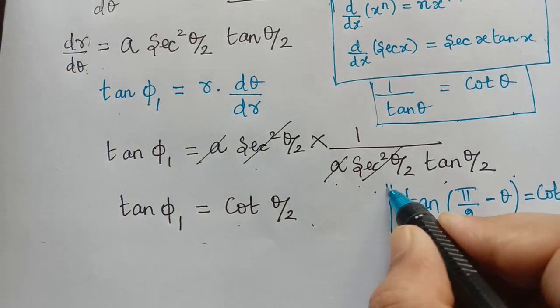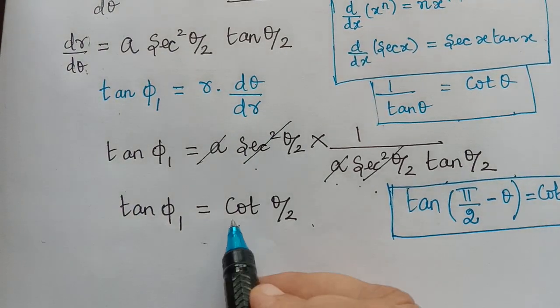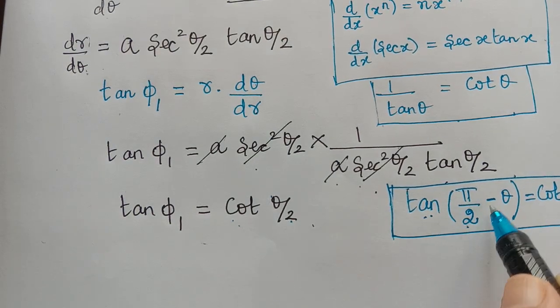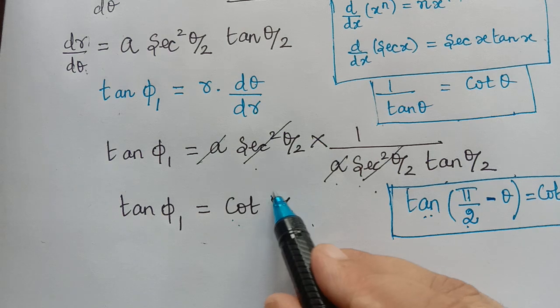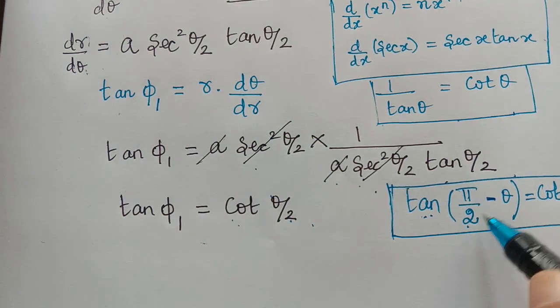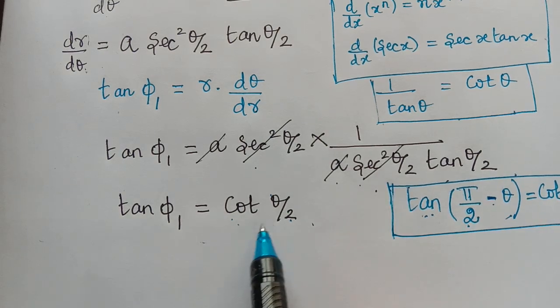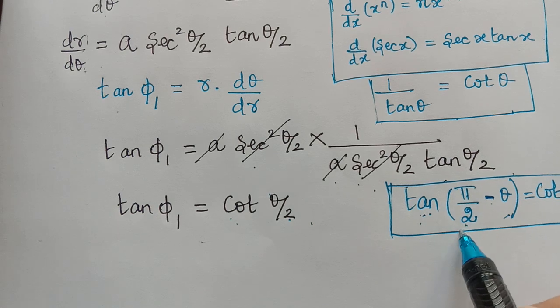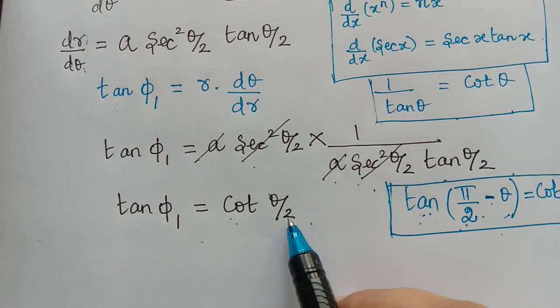So using this we can say that cot theta by 2 can be written as tan of pi by 2 minus theta by 2, because instead of theta we are having theta by 2. So we can replace cot theta by 2 as tan of pi by 2 minus theta by 2.